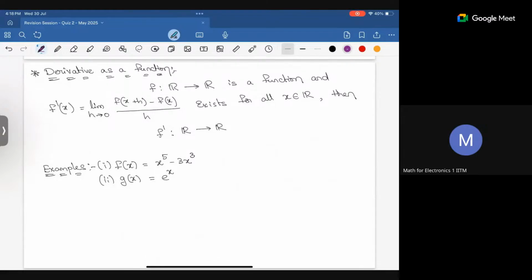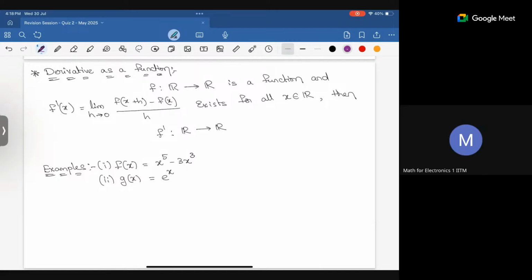Alright, so if you have a function from R to R, the derivative as a function is defined like this. f prime of x is basically the limit as h tends to 0 of f of x plus h minus f of x, divided by h.